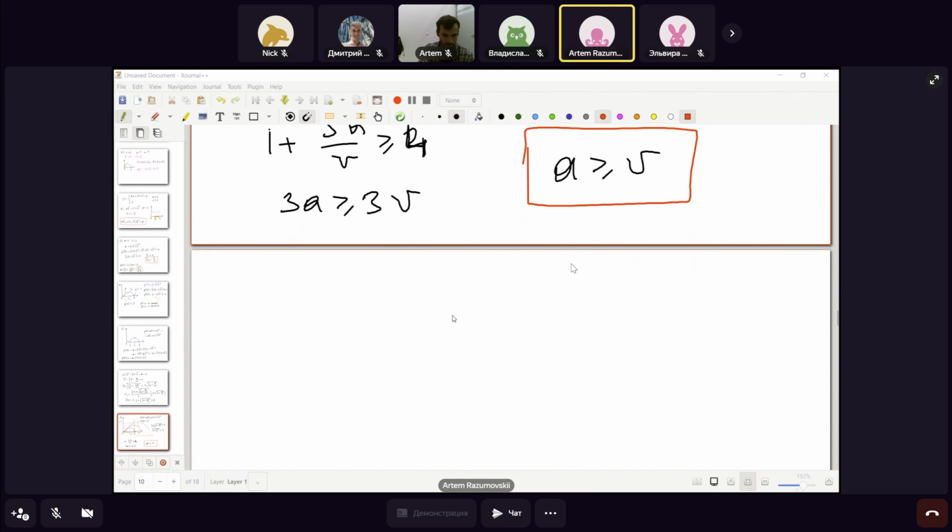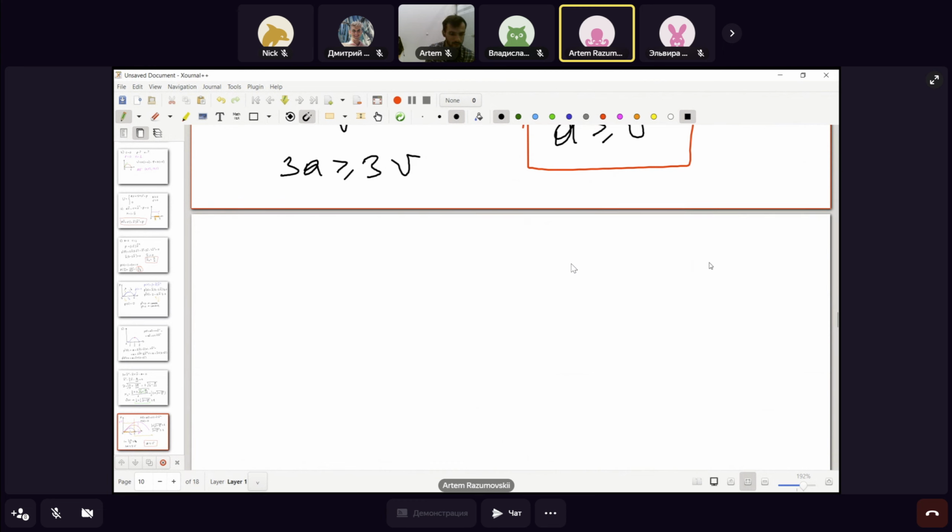Okay, then let's move to the last question in that problem. So again, we are considering the production and assuming zero cost. And we have the monopoly platform.